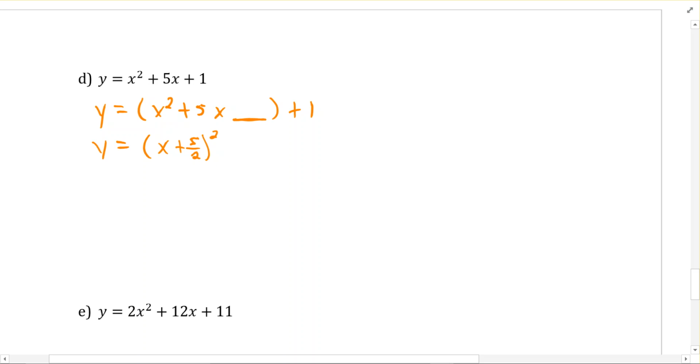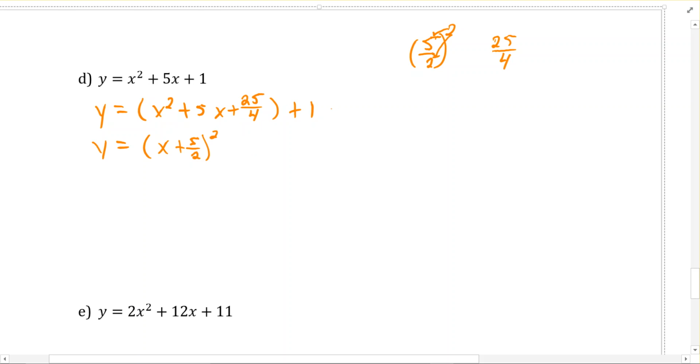It's going to be 5 over 2 squared. So what do you get if you go 5 over 2 squared? Well, you square the top and you square the bottom. So this is 25 over 4. So that's what's going to have to go in here. So we're going to have 25 over 4. And it was positive. But you can't just go around adding 25 over 4. So we need to subtract 25 over 4.